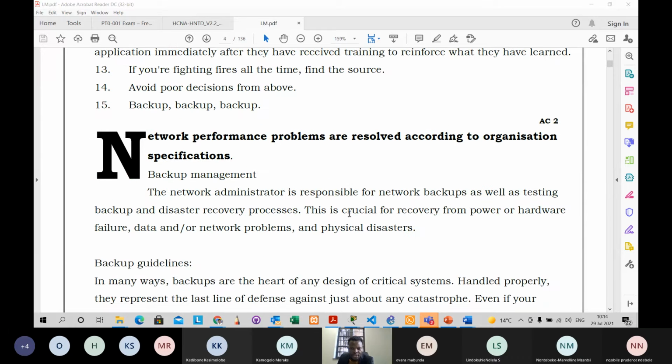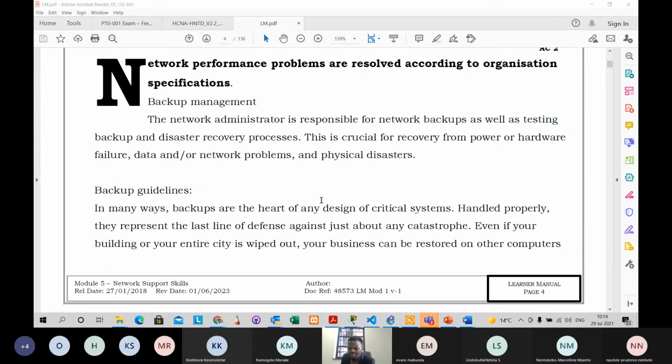And then network performance problems are resolved according to organization specification. On Monday, with this other group, we were talking about following organizational policies and procedures. We said when it comes to troubleshooting, every organization has policies and procedures that everyone has to follow, right?